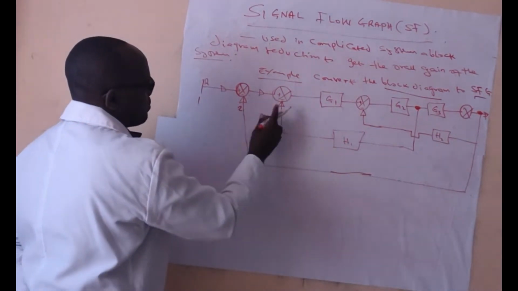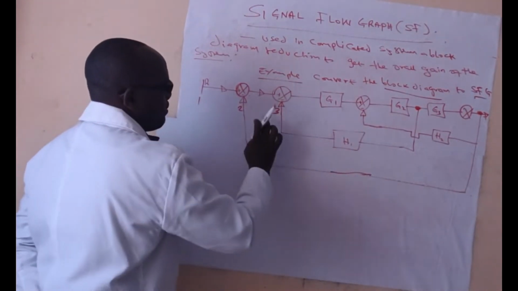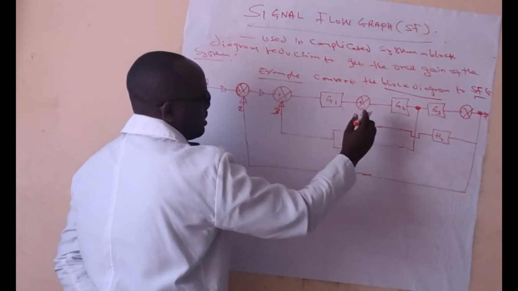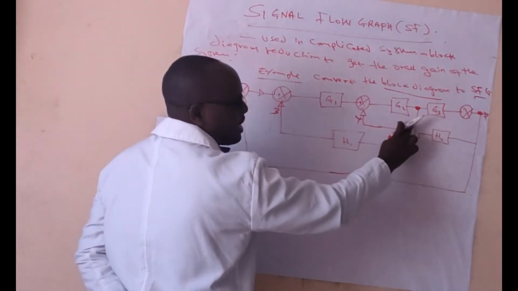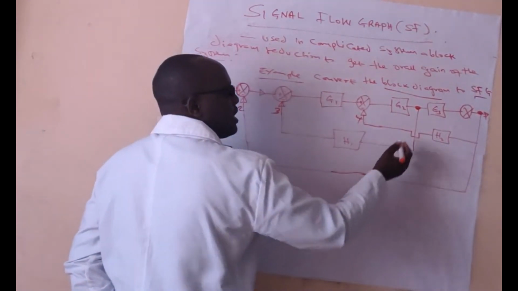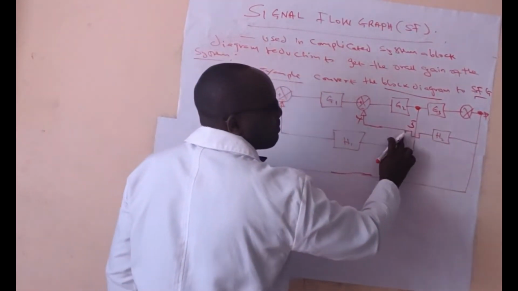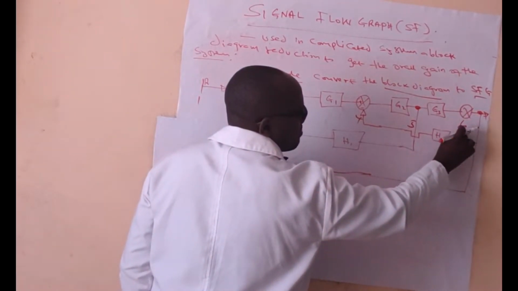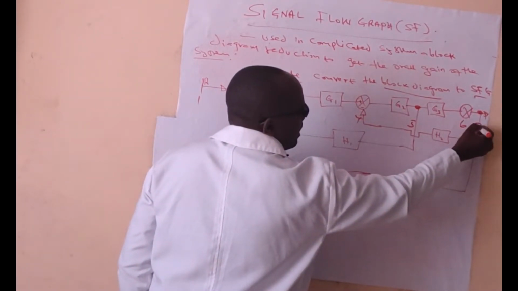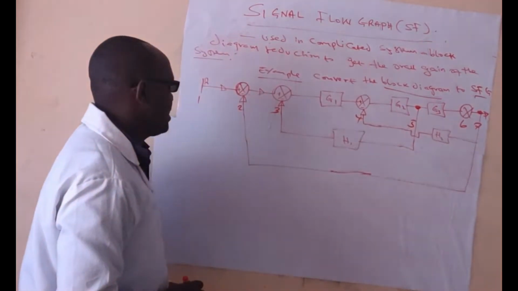From here to here we call it 3. From here to the next one is 4. From 4 to another takeoff point is 5. Then 5 to the summing point gives us 6. From 6 it takes us to point number 7.